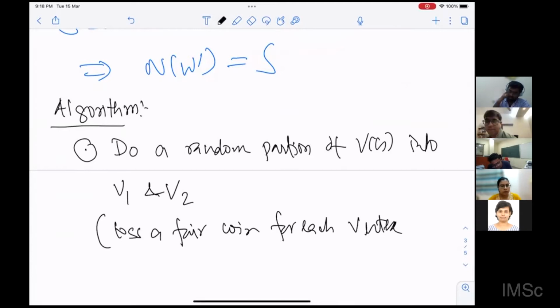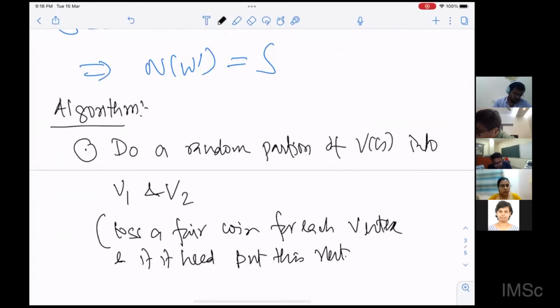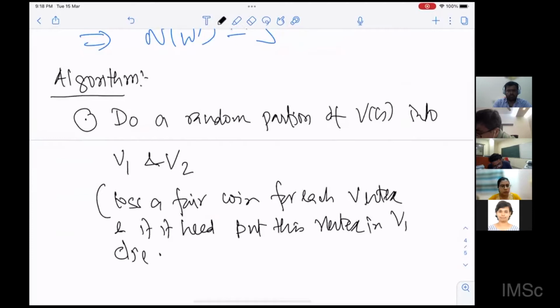If it is heads, put this vertex in V1, else in V2. So for every vertex, I just toss a coin. If it comes heads, I put it in V1. If it comes tails, I put it in V2.